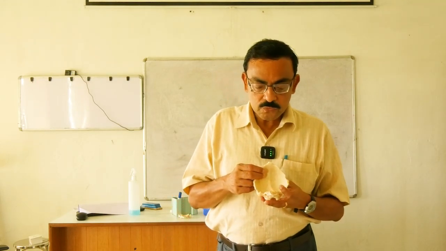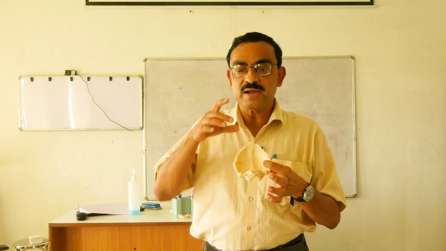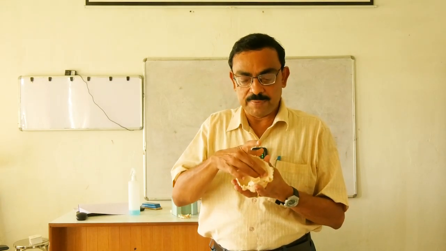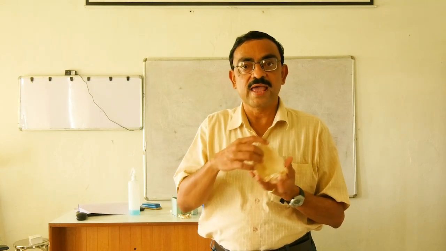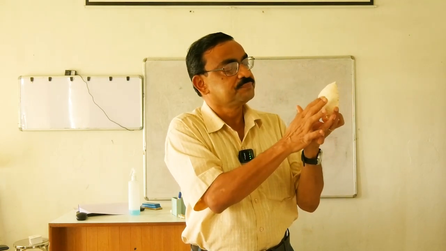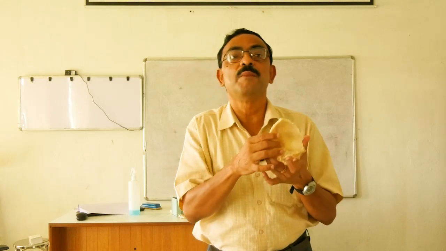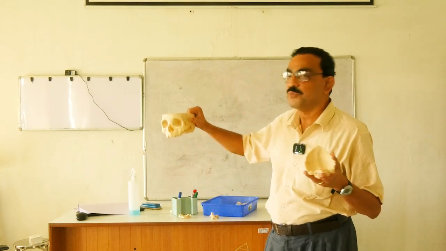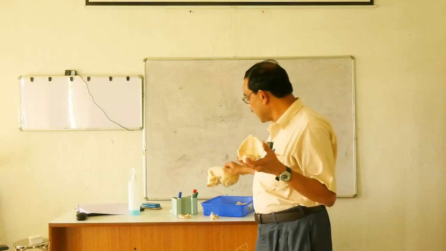Now about the different parts, we can find the scale-like part above. This is the squamous part. Similarly, we will get the squamous part in the temporal bone, like a scale-like area.